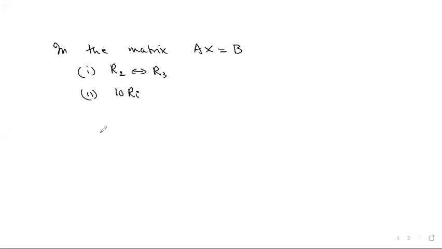So in my conclusion, don't write now. In the matrix equation AX equal to B, what all things can I do? One, I can interchange the second row with the third row. I can multiply a row with a number.